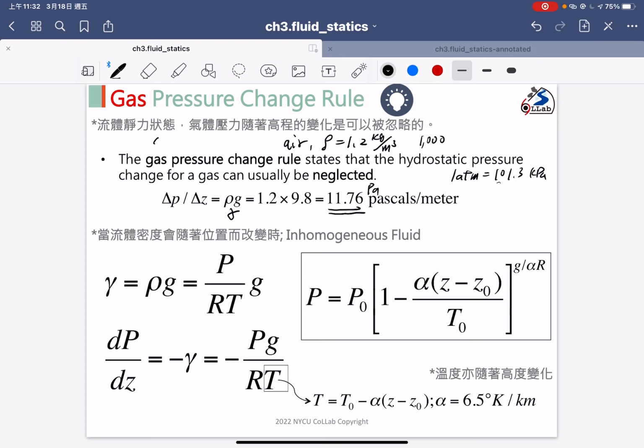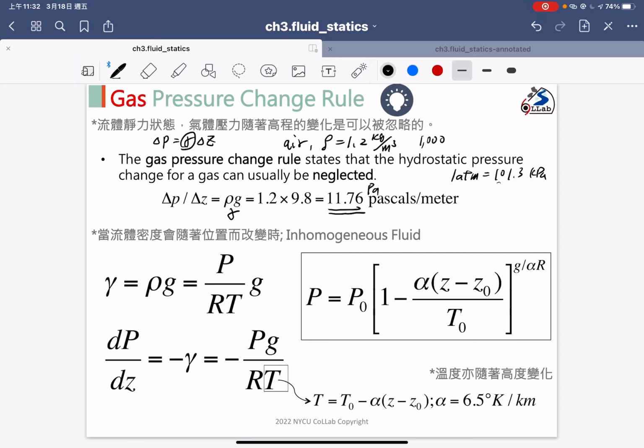We know that delta P is equal to gamma delta Z. If gamma is quite small, no matter how much delta Z changes, delta P is still small. So for gas problems, sometimes we neglect the pressure difference caused by the gas. We only focus on the liquid.